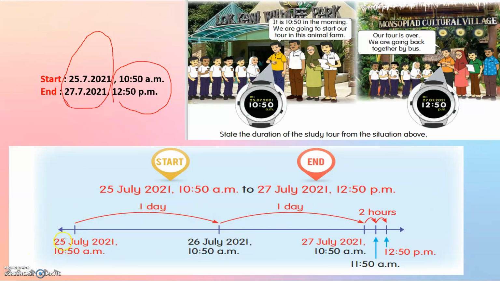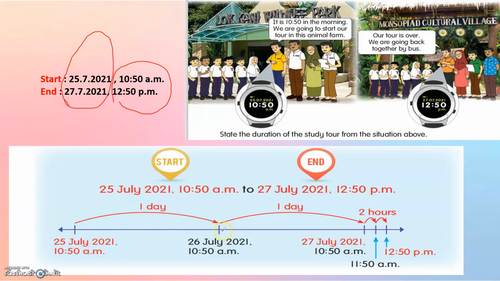That means 25th July 2021 at 10:50 a.m. It starts and then it ends at 27. So 26 July 2021 at 10:50 a.m. it becomes one day because one day has 24 hours.